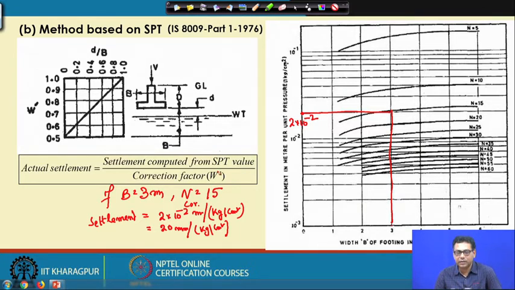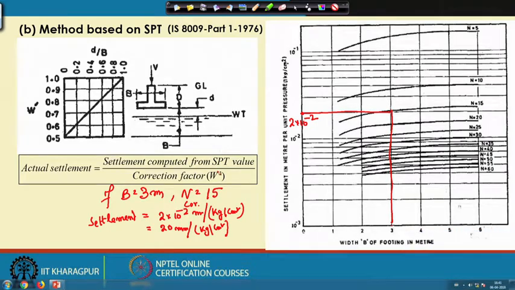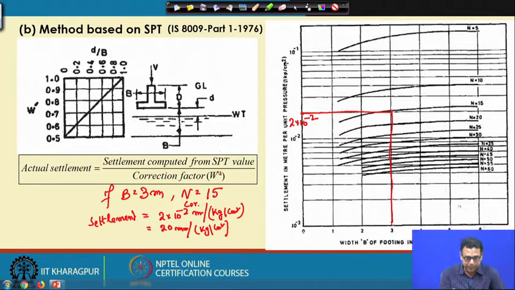If the settlement that you calculate from the SPT value is 20 millimeter and the water table is at the base of the footing, then it will be 20 divided by 0.5, so it will be 40 millimeter because of the effect of the water table. So, this is the water table effect that you can incorporate, and we can use this chart to determine the settlement of the granular soil.